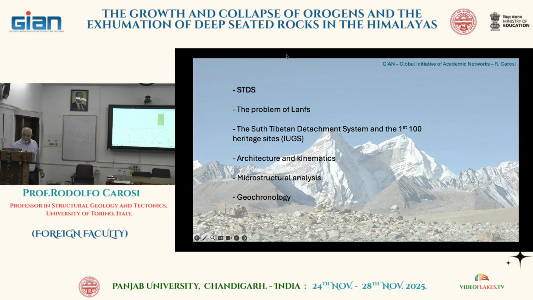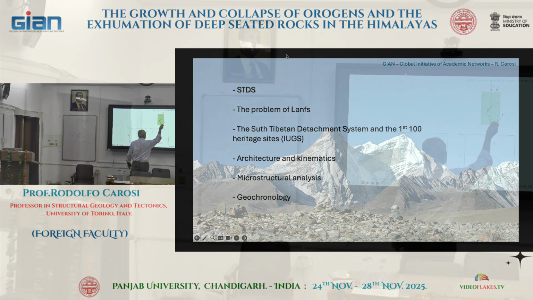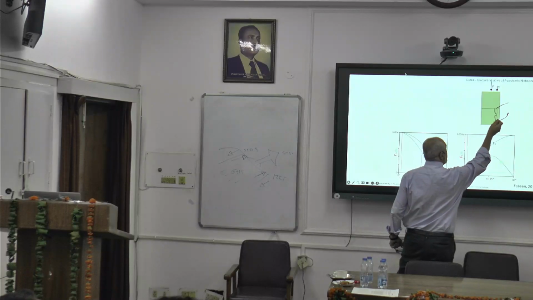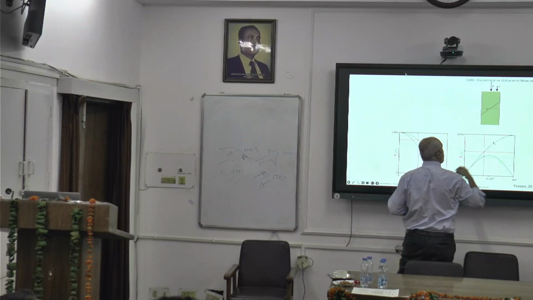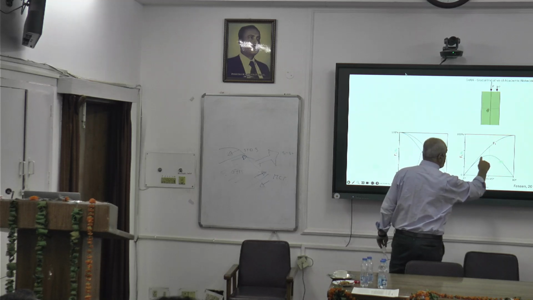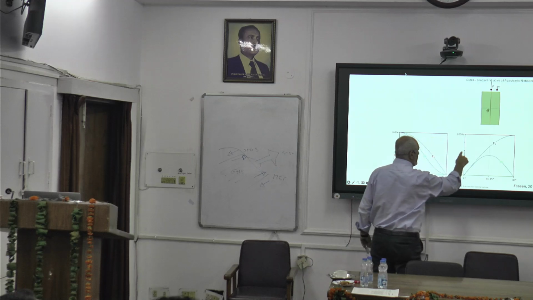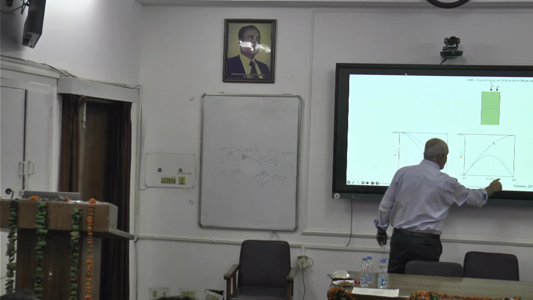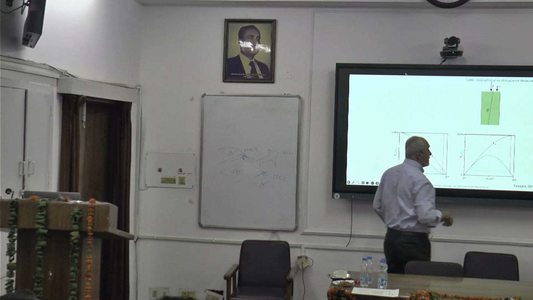picture, when you move a surface with respect to the force or to the stress, from horizontal, you move this surface in this way. You can see the stress on the angular surface has a maximum shear stress in this position, at 45 degrees with respect to the stress.